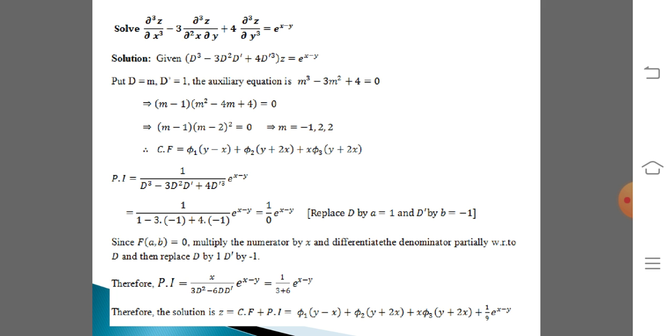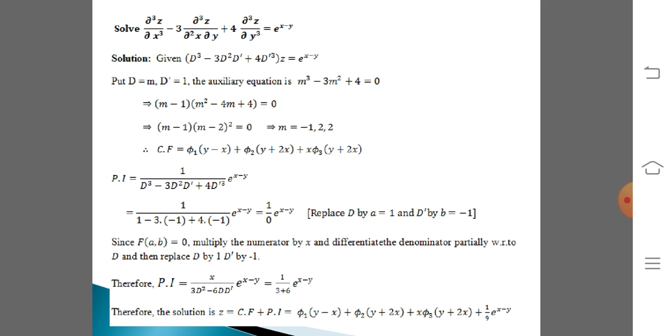So solving this auxiliary equation, we get m equal to minus 1, 2, 2 to be the roots of this cubic equation. Among the three roots minus 1, 2, 2, two roots are same, one root is different.